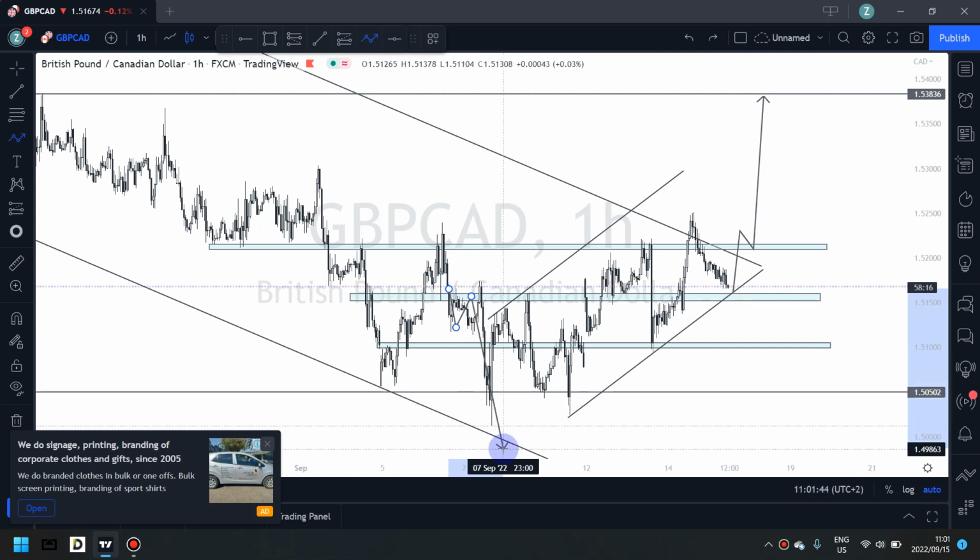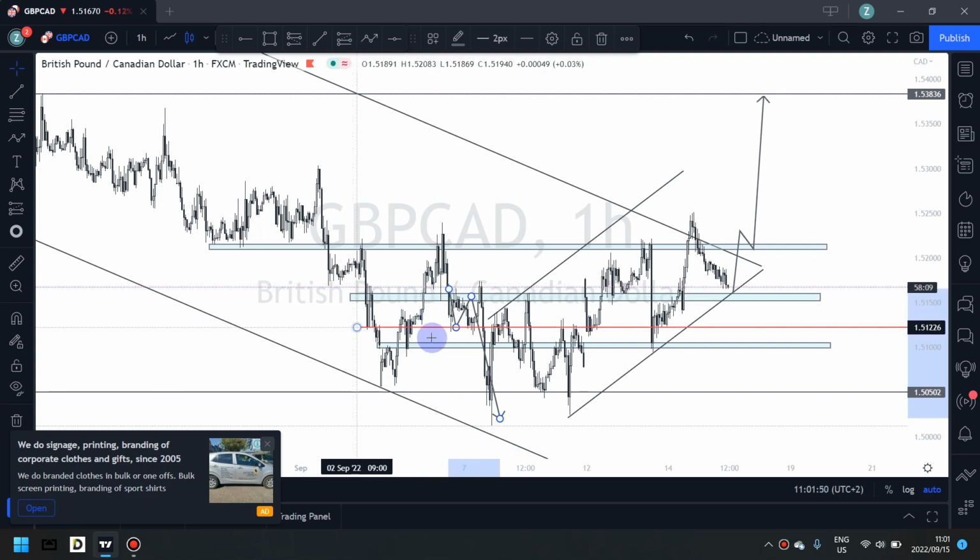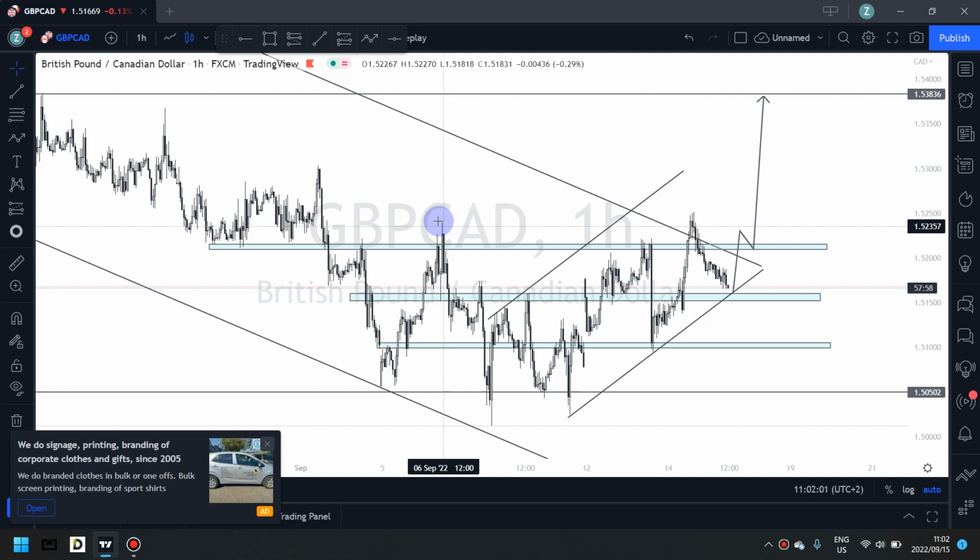My stop loss was possibly at this red key level. This was where my stop loss was, so it did stop me out. And then after some time, which was yesterday, after the market consolidating yesterday, as I was saying to you, I saw a breakout and I had a buy stop right there.